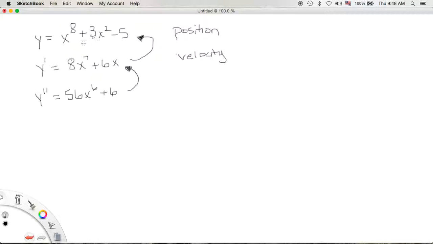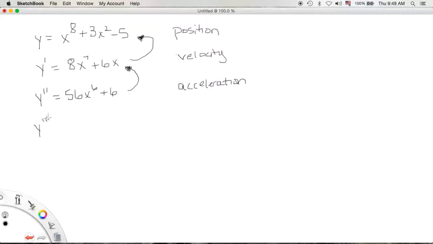In our example here, if this is a position function, the rate of change of the position is the velocity. Well, what's the rate of change of velocity? Well, that's acceleration. So this would be an acceleration function if this started out as a position function. So this tells you where you're going, this tells you the speed that you're going there, and this tells you how fast you're accelerating as you're moving along.